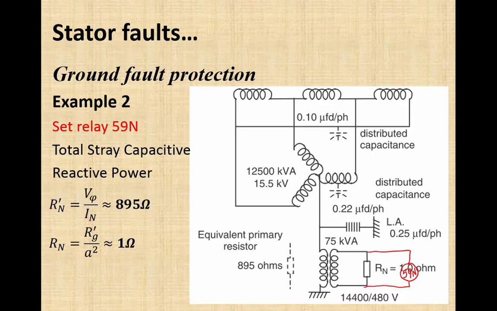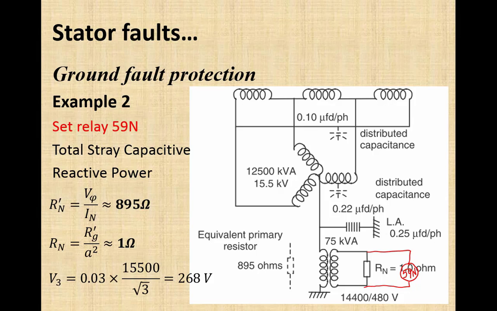It is given in the statement of the question that this generator is producing a voltage which can have a third harmonic component up to 3% of the rated voltage, and we know that the third harmonic behaves similarly to zero sequence. It means that current will flow through this neutral path, and when this current flows through this neutral path, it will produce a voltage, and the relay setting should be set higher than that voltage that exists in normal condition.